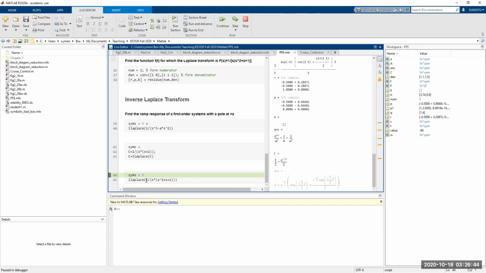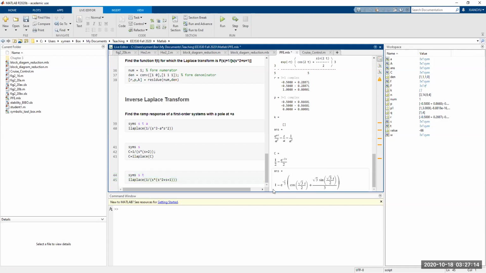The last example, apply the inverse Laplace transform to 1 over s times (s squared plus s plus 1). That will be this case, where we have a pair of complex roots.